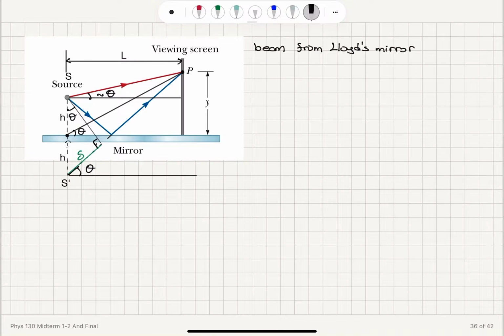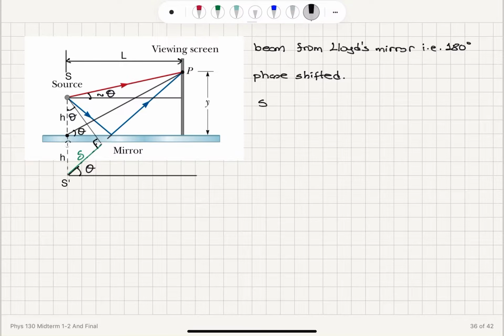So if you have a beam that is reflected from Lloyd's mirror, going from a medium of low index of refraction to a high index of refraction, here we have a 180-degree phase shift in the reflected light. Remember that in the lectures we said this is analogous to having waves on a string reflecting from a fixed end, or reflecting from another string with a larger mass per unit length.